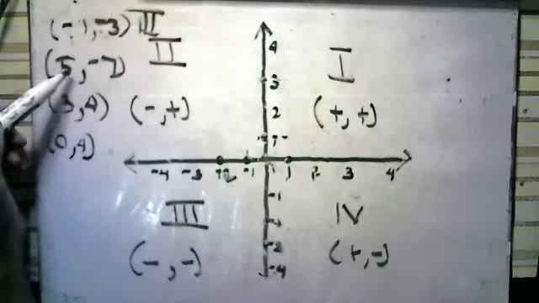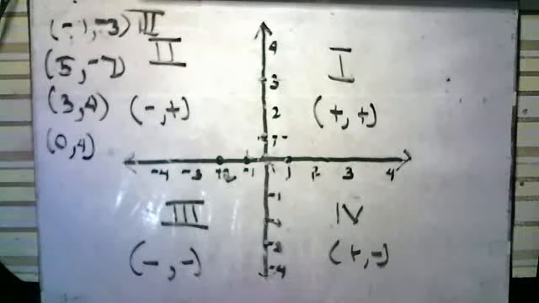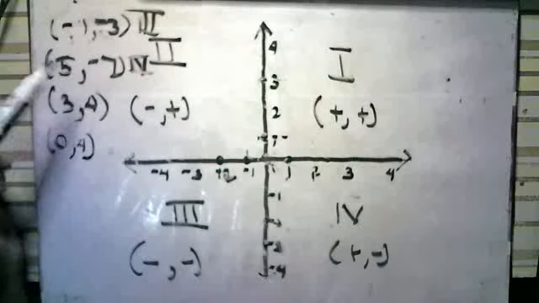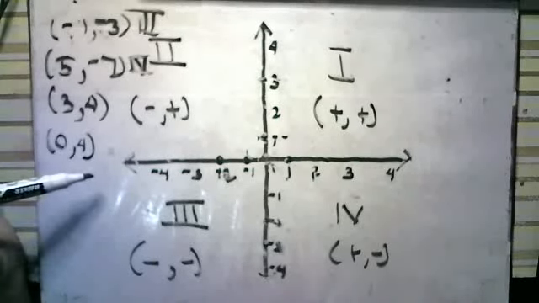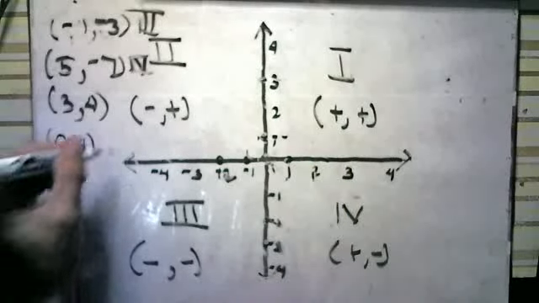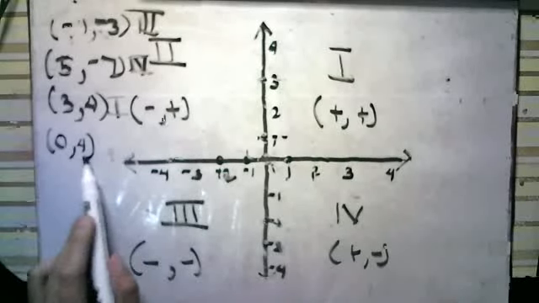Ano ba yung positive negative natin sa ating apat na quadrant? That will be the fourth quadrant. So that will be 4. Next, 3, 4. 3 is positive, 4 is also positive. Alin dyan sa apat na yan ang positive positive? That is the first quadrant.